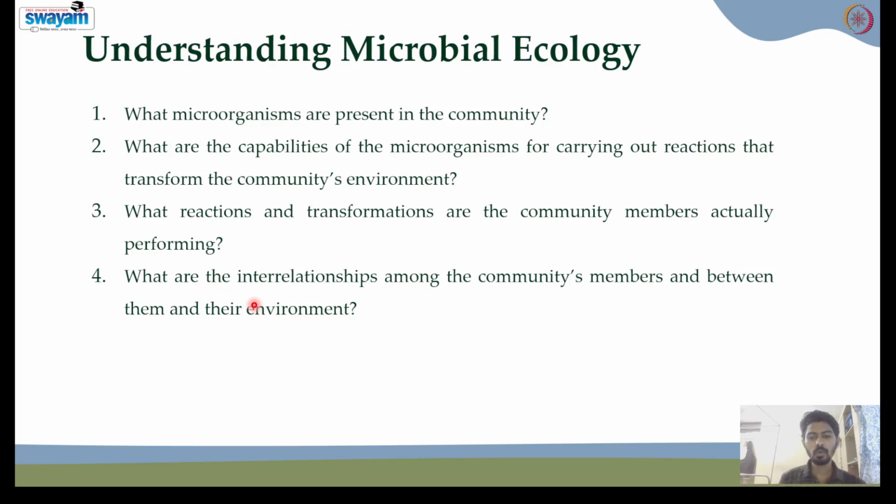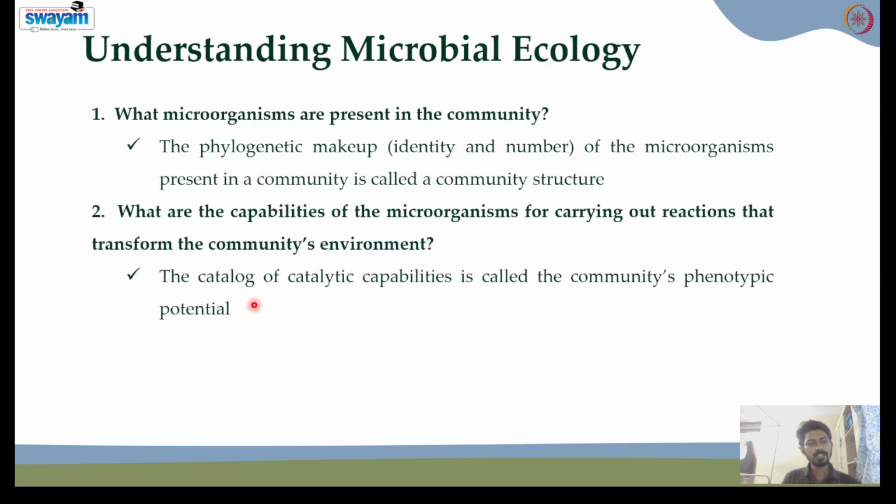So this answers the question of how they interact with each other and also with the environment, which is the abiotic components. So if you are able to answer these four questions, then I hope you have understood the concept of microbial ecology.